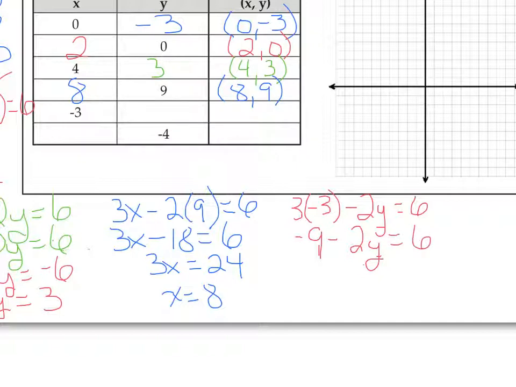So we're going to have to add this 9 to both sides. When you add 9 to 6, you end up with 15. So we have negative 2y equals 15. We divide by that negative 2. This just becomes negative 15 over 2. Y equals negative 15 over 2.